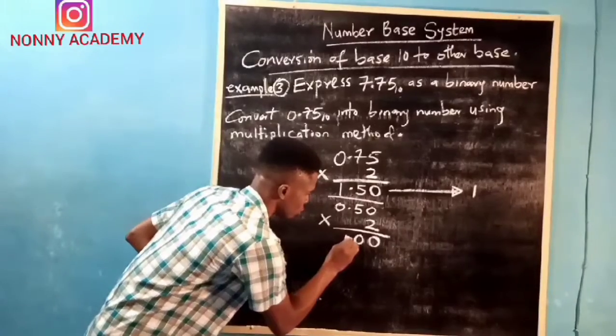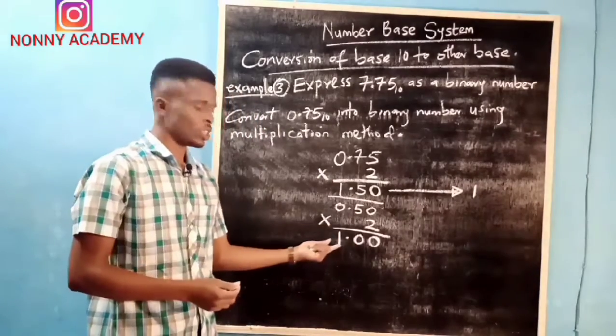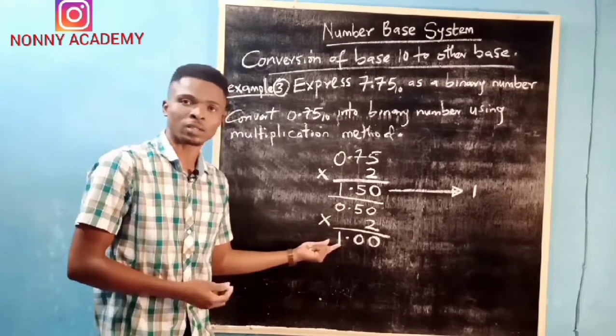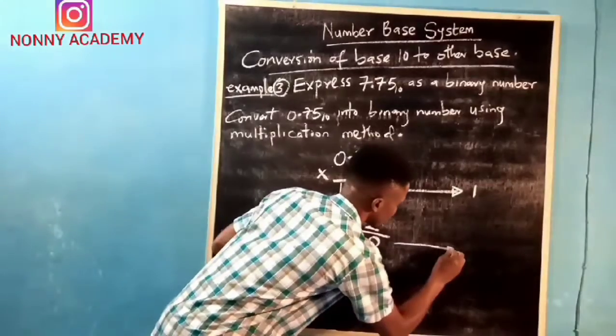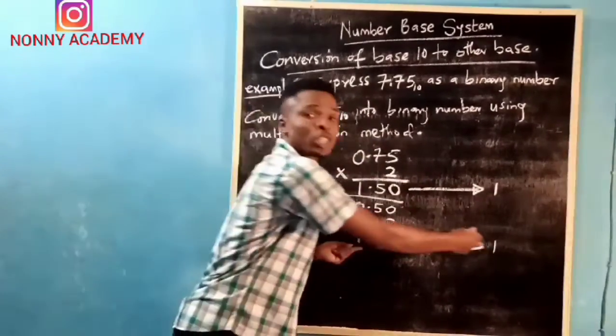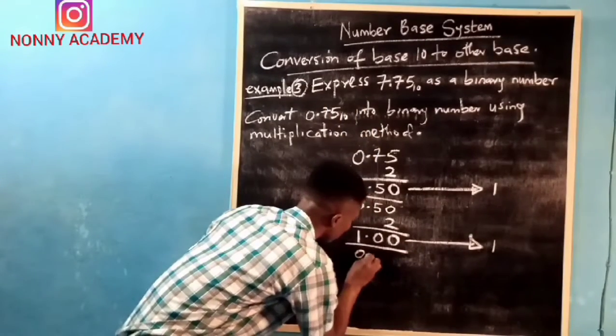I have 0.1. The same thing I will do here. What I have before the decimal, after multiplication, which is 1, I will bring it out again. Then if I remove this one out here, I will be left with 0.00.